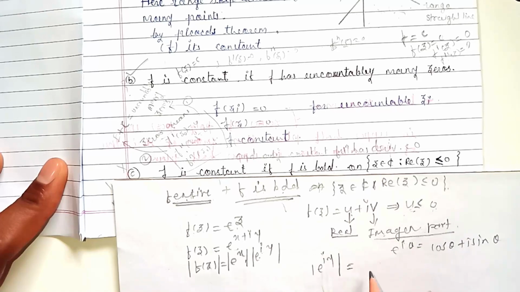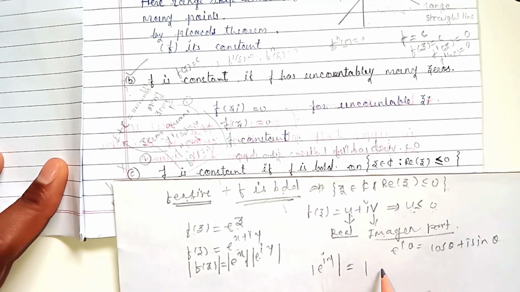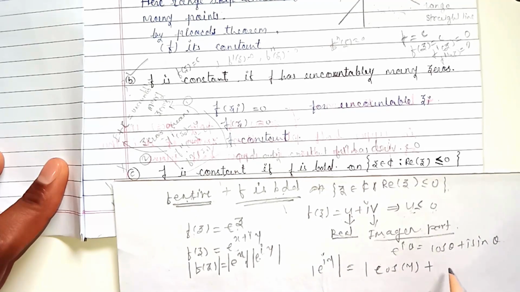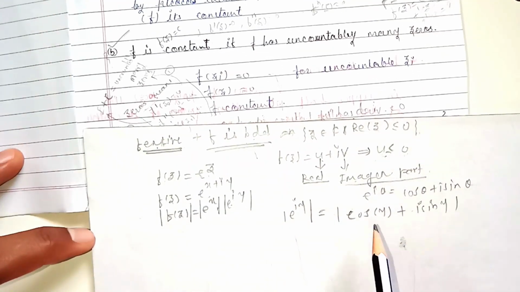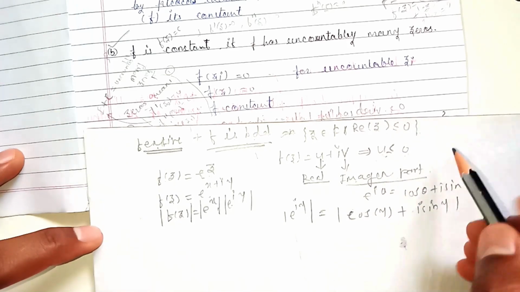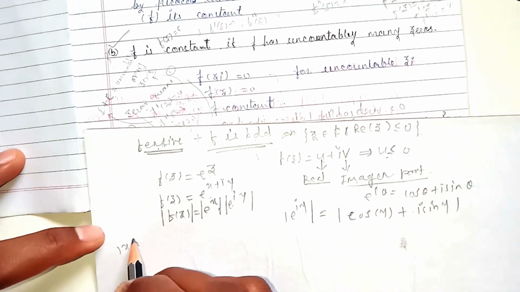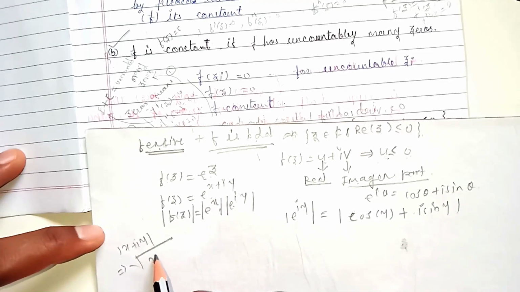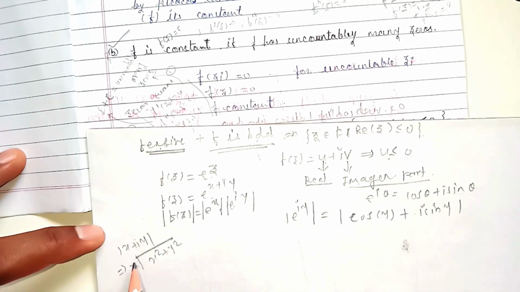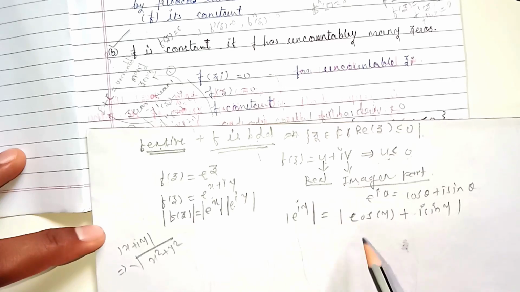So applying it here, e raised to iy is cos y plus i sin y. Now let us simplify further. How do we write the modulus of x plus iy? The modulus of x plus iy can be written as the square root of x squared plus y squared. So similarly apply it over here.